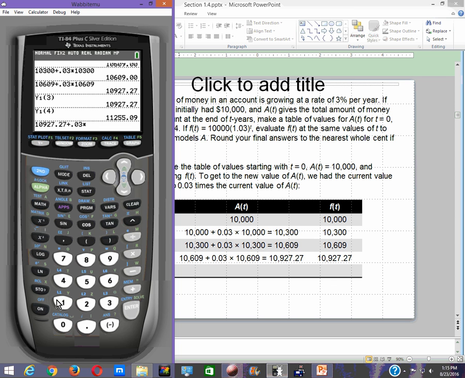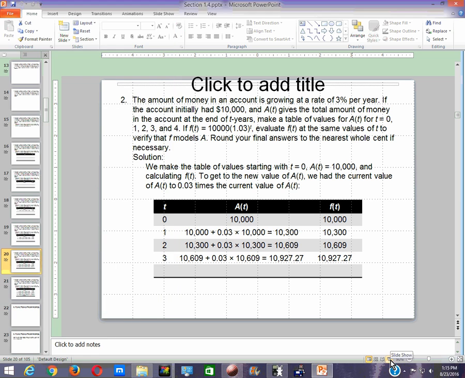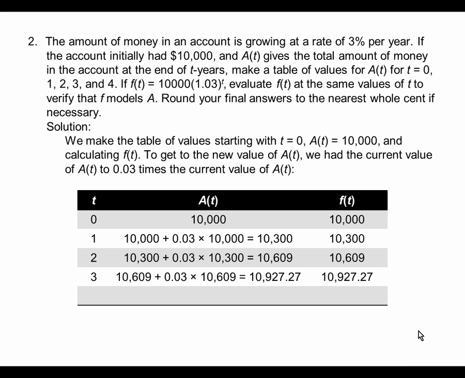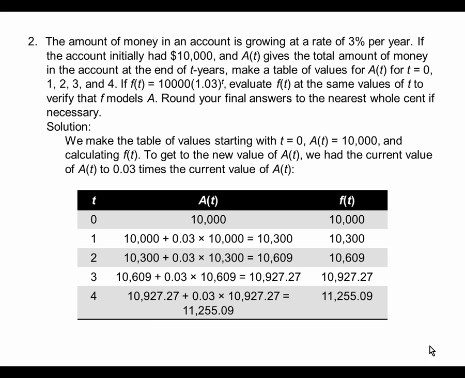So times $10,927.27. They agree. So there's the row for 4. I had to go down here to get it all up there because my number of digits started getting rather large.